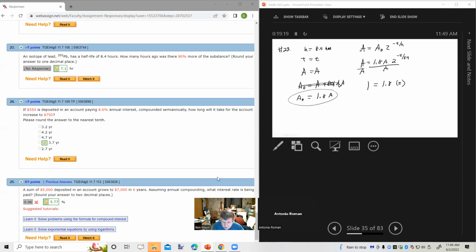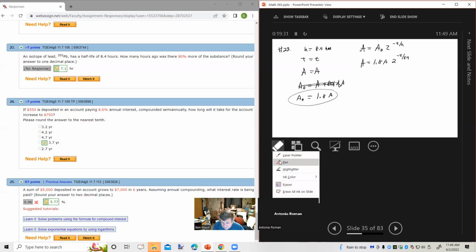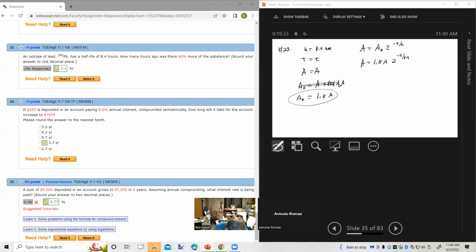I can do this all in one step. So let me go back and let's do this. I'm going to divide both sides by 1.8A. So on the right, I get that. On the left, I get 1 over 1.8, because the A's would reduce down.